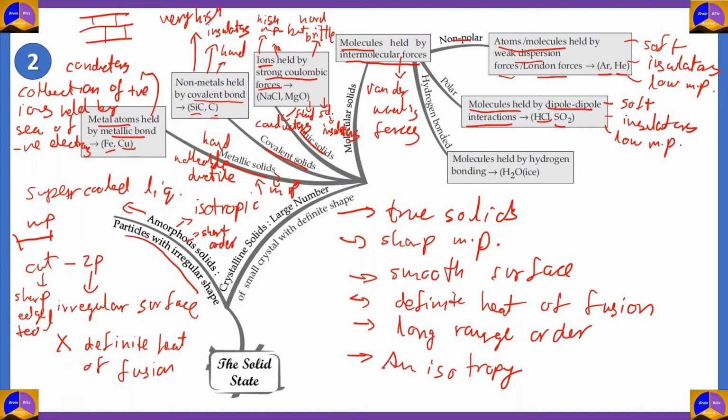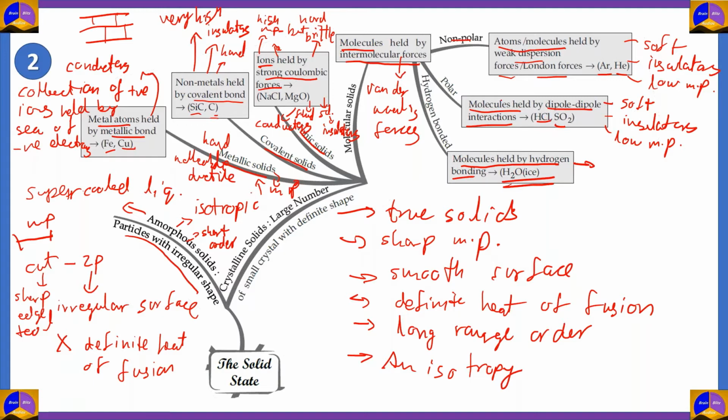Finally, we have hydrogen-bonded molecular solids. These are molecules which are held together by hydrogen bonding. So dipole-dipole interactions contain HCl and SO2. However, when molecules are bonded together by hydrogen bonding, they contain water. So water is a good example of hydrogen bonded molecular solids. Polar molecular solids involve HCl and SO2.